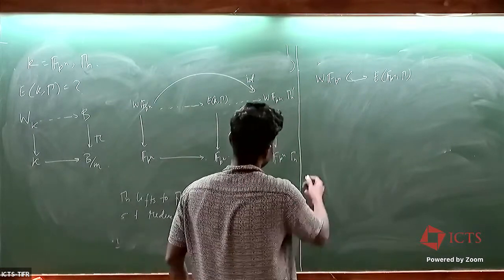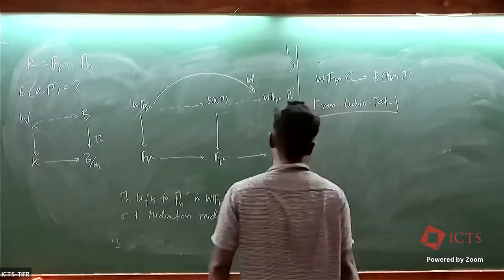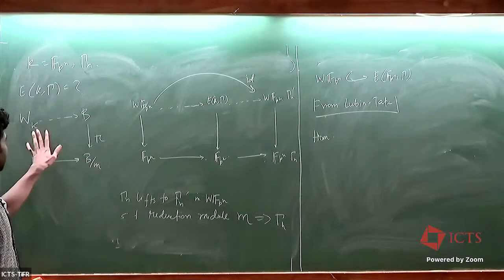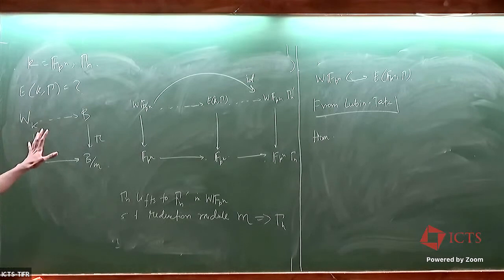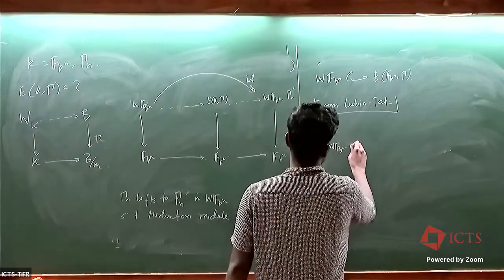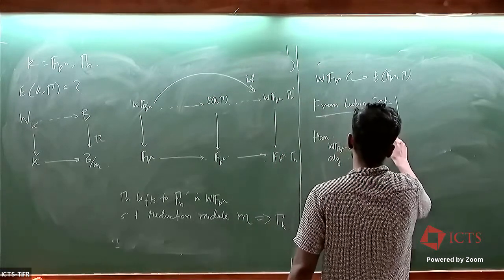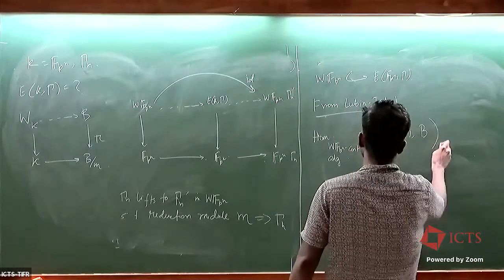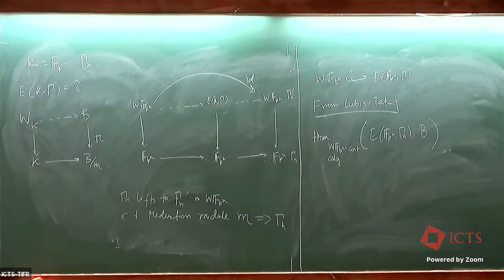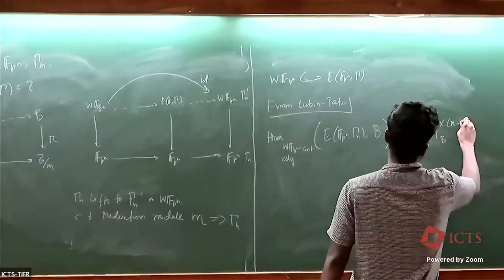And again from Lubin-Tate, any deformation you can consider to be a W(F_p^n) algebra as well because of this universal property of the Witt ring. So the set of continuous W(F_p^n) algebra maps from E(F_p^n, gamma n) to B, remember this co-represented all the deformations, and from the theorem we know that this is nothing but M_B to the power n minus 1.